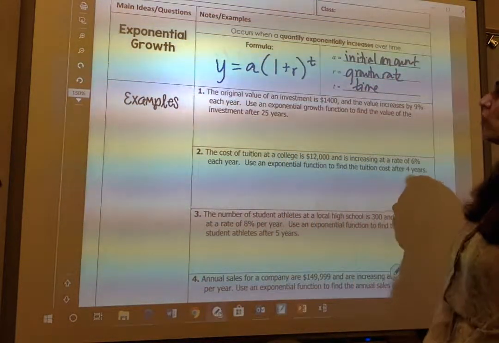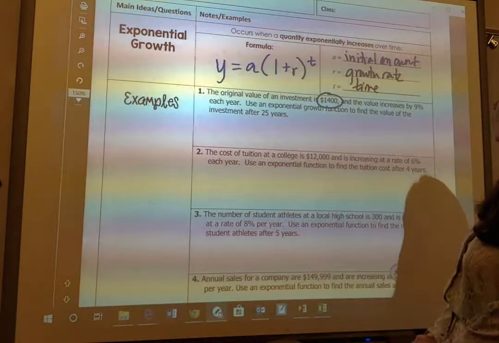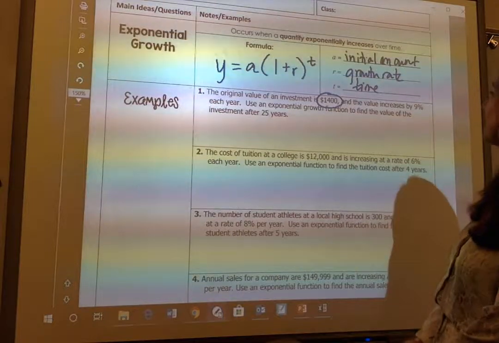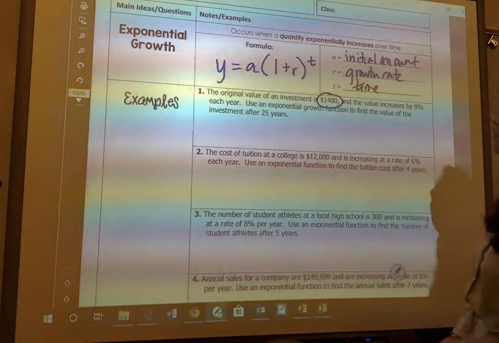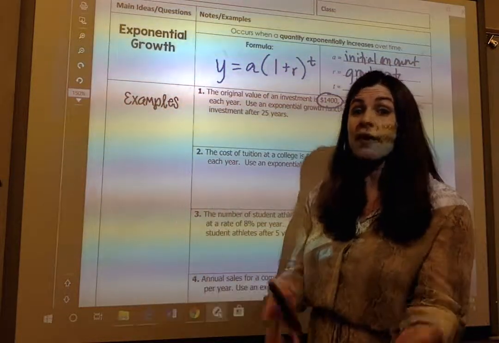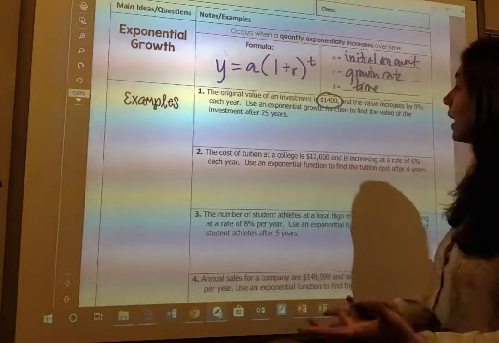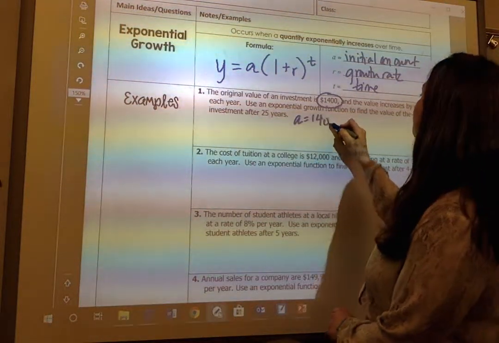So it says the original value of an investment is $1,400, and the value increases by 9% each year. Use an exponential growth function to find the value of the investment after 25 years. So this is real everyday language that we use. So A is going to be 1,400.